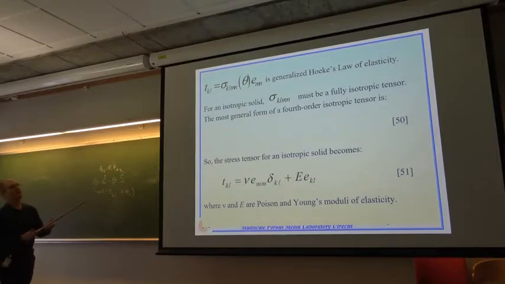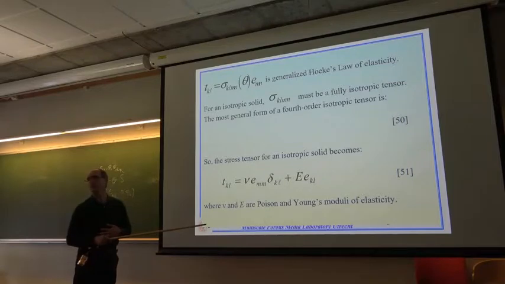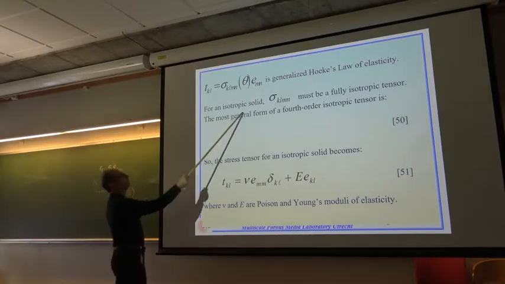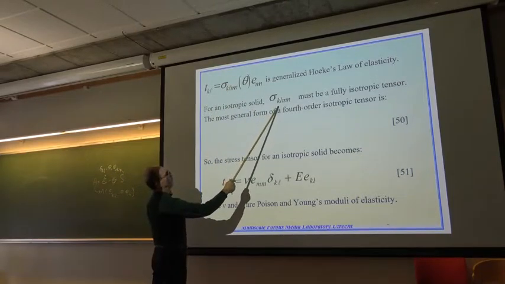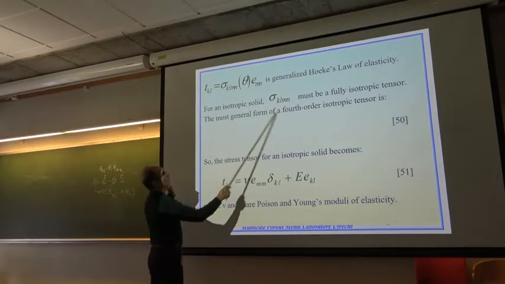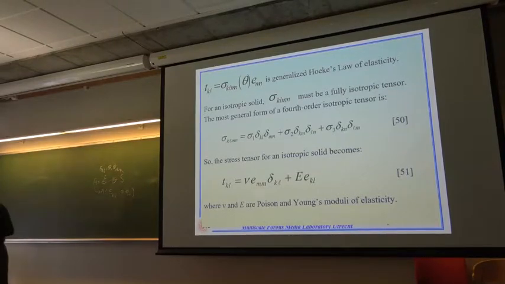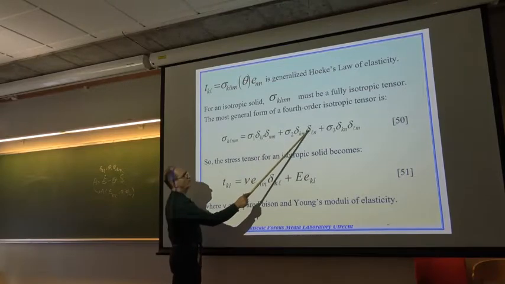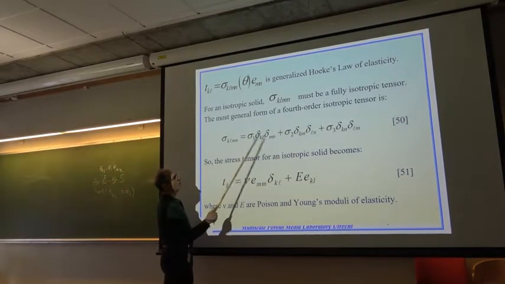Okay, so this is a linear relationship. This is actually Hooke's law of elasticity in its most general form. And if you have an isotropic solid, now you can have all kinds of isotropy. If you have a fully isotropic solid, then this must be also a fully isotropic tensor. The most general form of a fourth order isotropic tensor is a combination of the canonical deltas, the unit tensors, with coefficients.